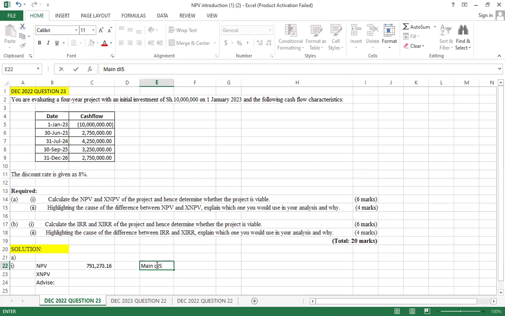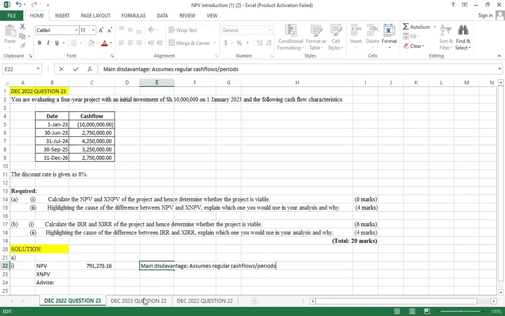One of the main disadvantages of something like NPV is that it assumes regular cash flows or periods. It assumes regular cash flows or what? Or periods.